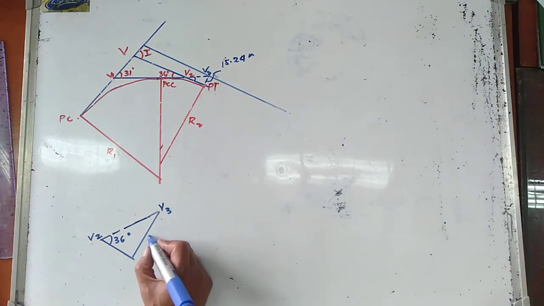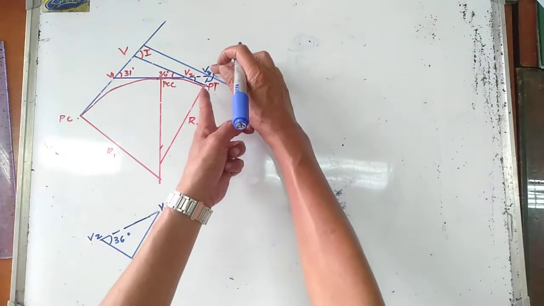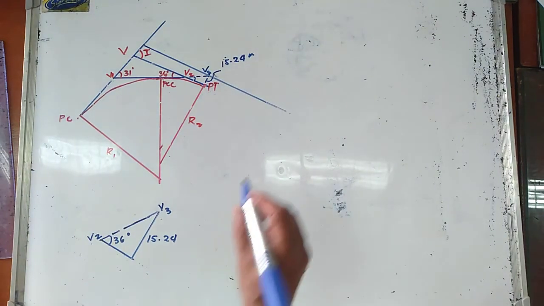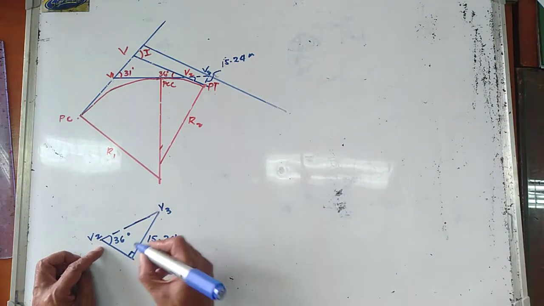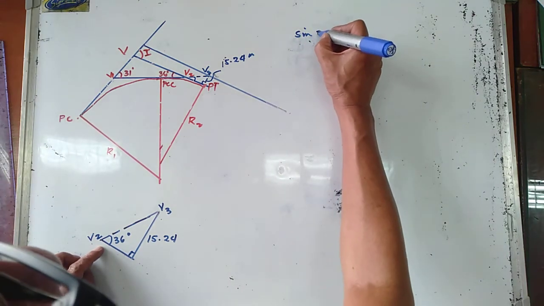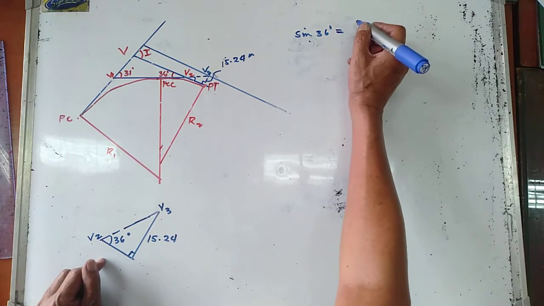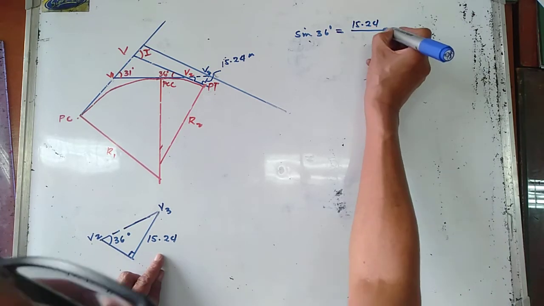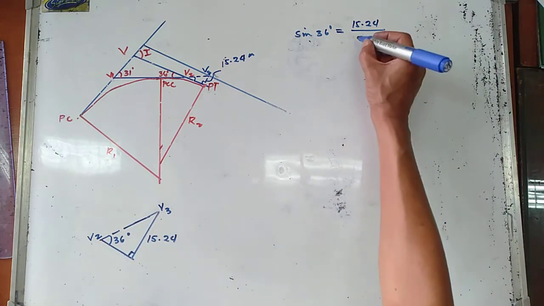So, this distance in here is 15.24 meters. So, if we are going to get the sine of 36 degrees, that is 90 degrees. So, we have sine of 36 degrees, and that is now equal to 15.24 all over V2, V3.